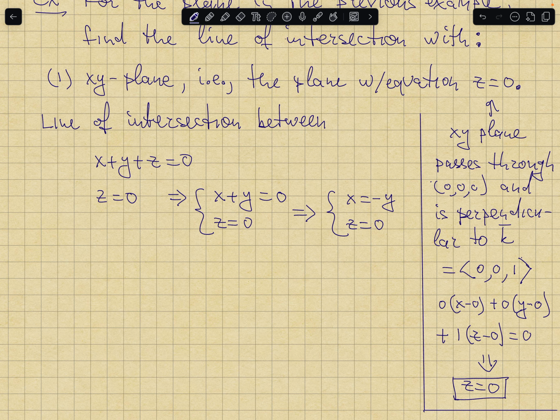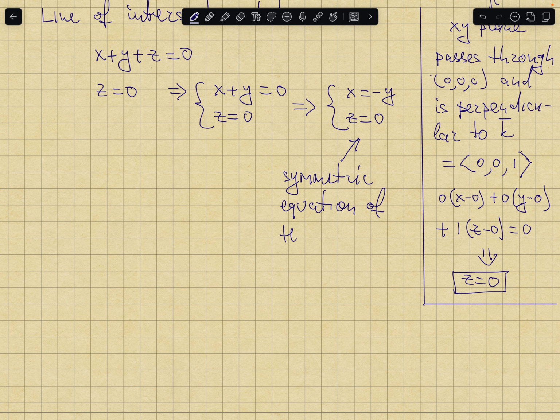Okay? And now what I see is that this is a symmetric equation of a line of intersection. Right? Because basically points that lie on the line of intersection belong to both planes.